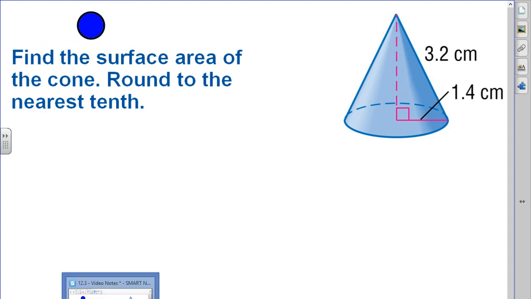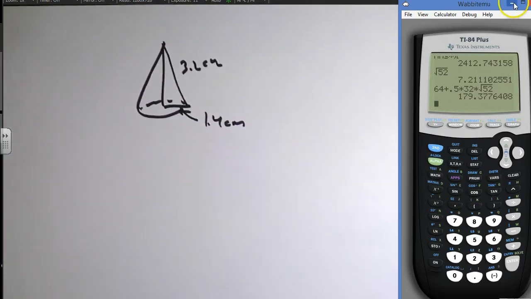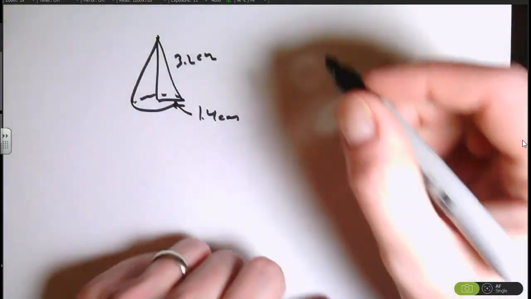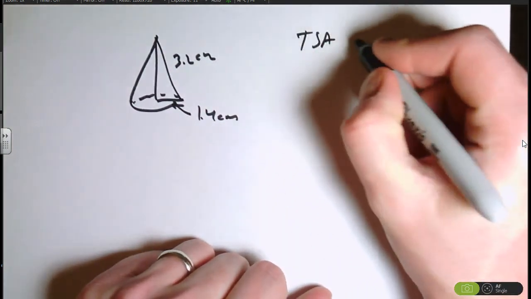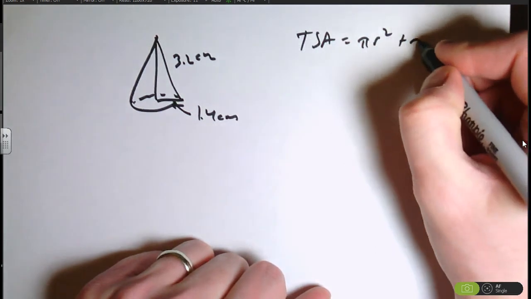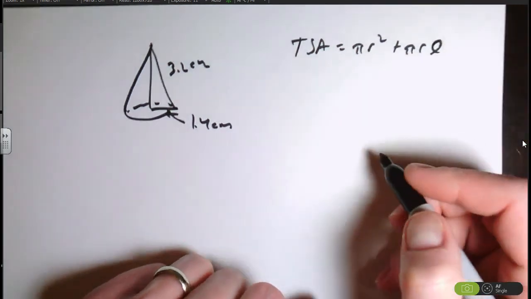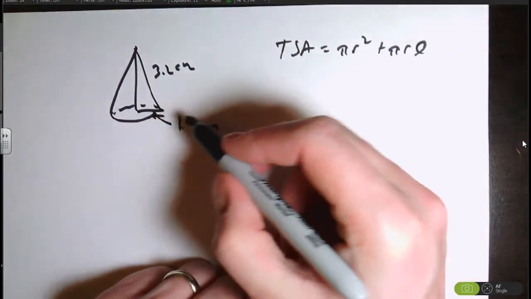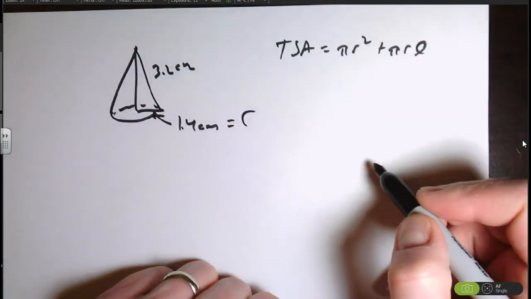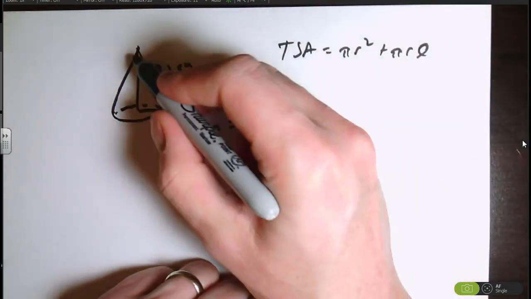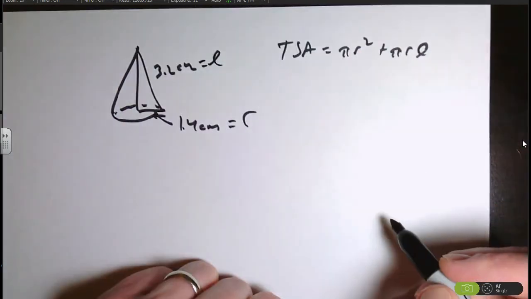They're asking for total surface area, which means pi r squared plus pi r l. Our radius is 1.4, and then they gave us the slant height this time, 3.2.